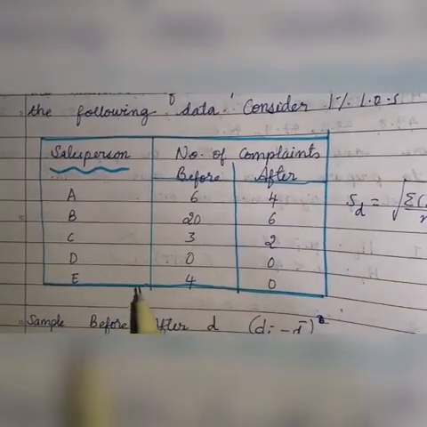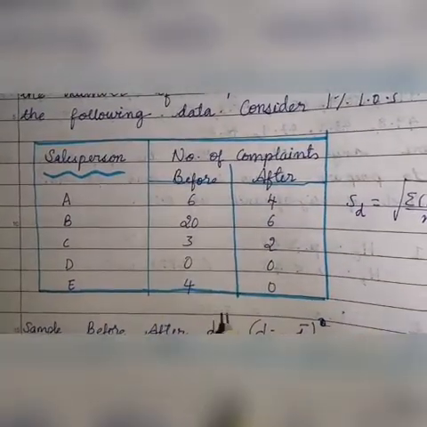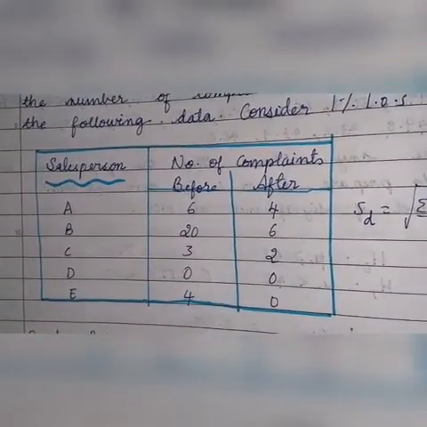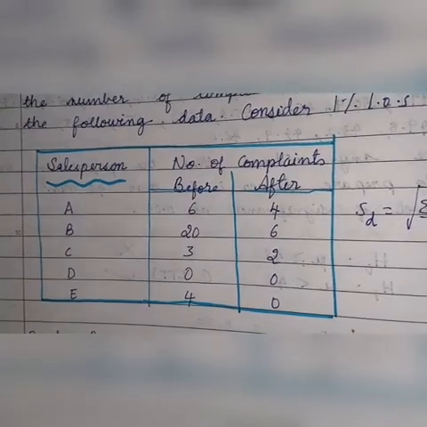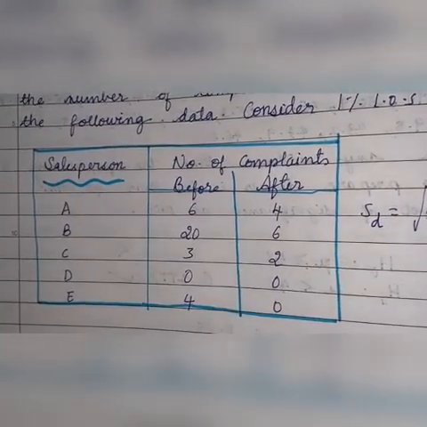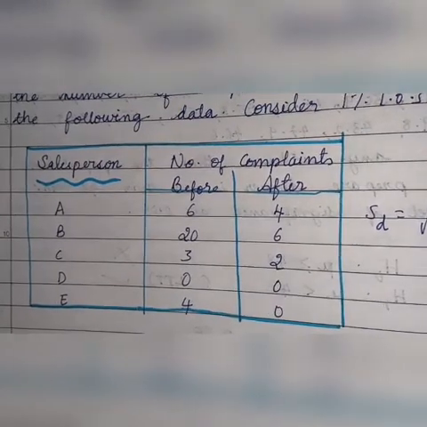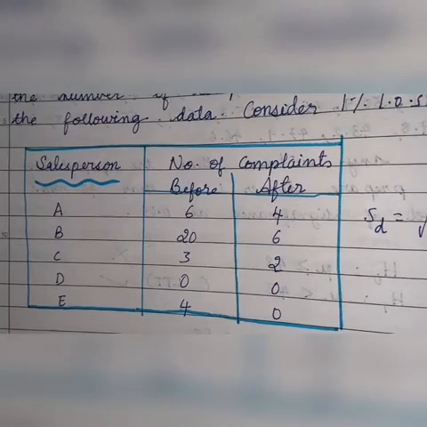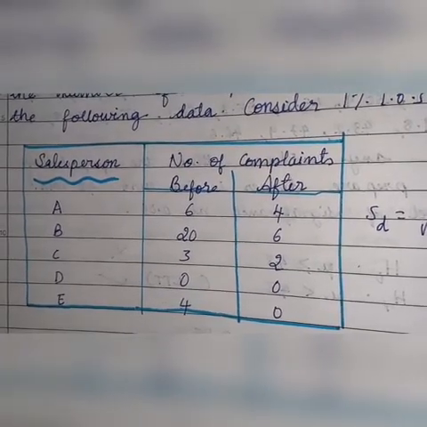For 5 people, maybe we could tell if it has made a difference just by glancing at the data. But if it is thousands of people or thousands of complaints, it becomes necessary for us to apply a statistical tool and give a judgment or predict if yes, the training has made an impact, or no, the training has not made any impact.